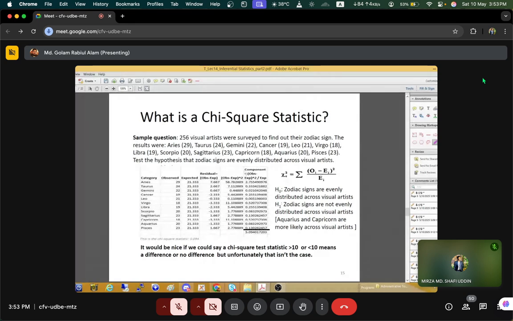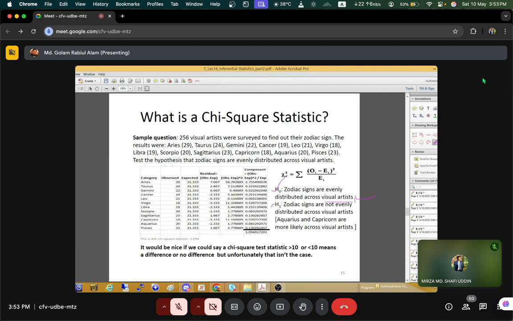Then what will be the common belief? The common belief is that zodiac signs are evenly distributed across visual artists. Visual artists are not from a specific group of zodiac signs. So that is our null hypothesis: zodiac signs are evenly distributed across visual artists.